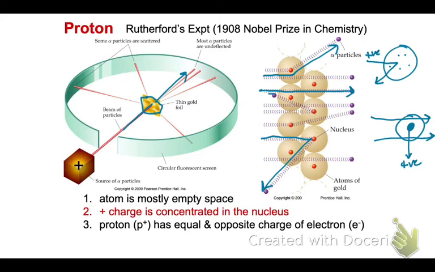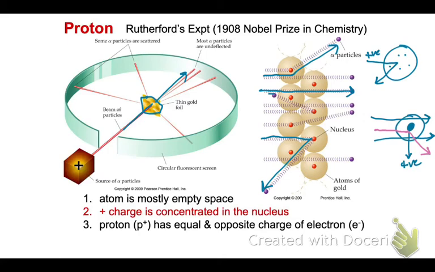Some alpha rays were deflected, and the reason is that, remember, alpha is positively charged. It came close to the positive charge in the middle, so positive will repel positive and it got deflected.